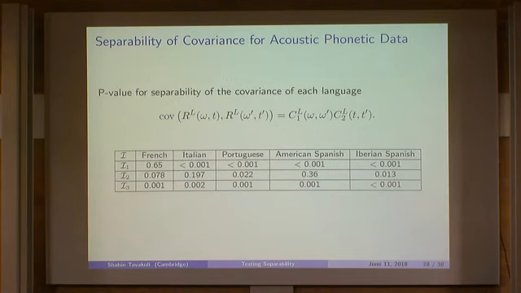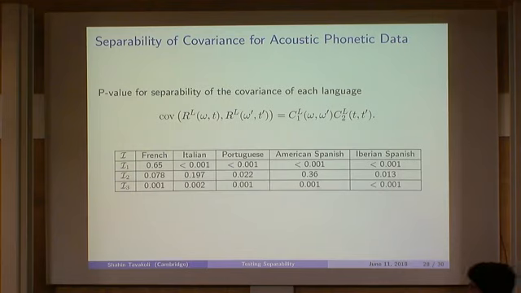What I'm trying to do here is test the hypothesis that the covariance of the process R for language l is separable. And I'm going to test separability using 3 kinds of projections. One is a projection onto just the first principal direction. Two is the projection onto the first 4 principal directions. And three is a projection onto, I think, 20 principal directions.